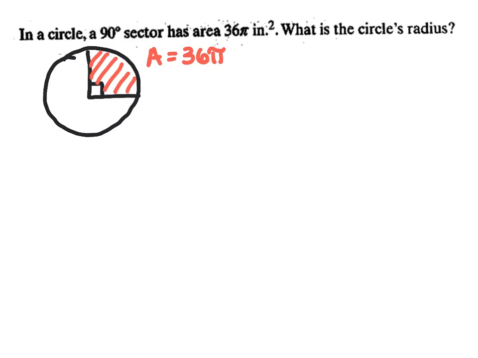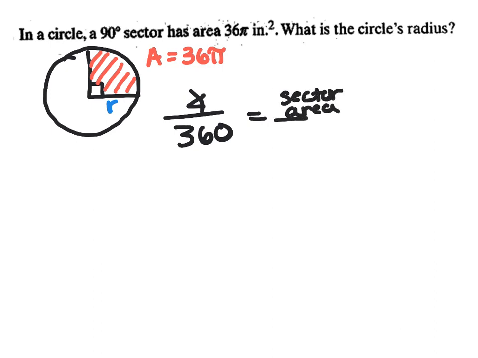The question is, what is the radius? So if I use my sector formula, we know it's the angle over 360 equals the sector area over the circle area.